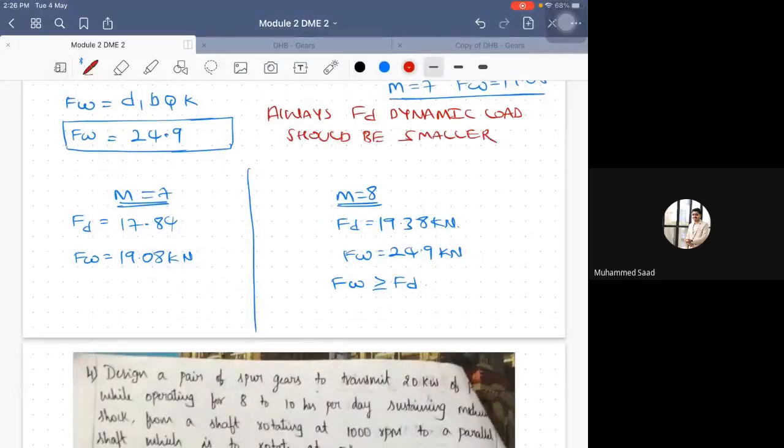That is the criterion I have set. Now, in the case of module number 8, whether the dynamic load is smaller when compared to the wear load, that is my question. Yes or no?